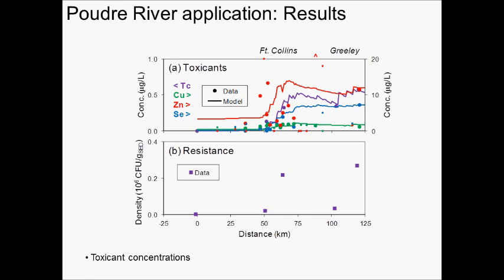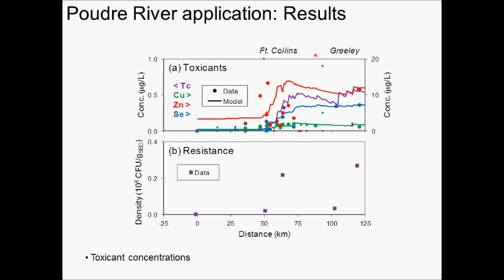The concentration versus distance along the river. And I'm indicating here the approximate location of Fort Collins and Greeley, those 2 urban centers. Okay, and so this is relatively established water quality modeling, right? Modeling of toxicants and metals.